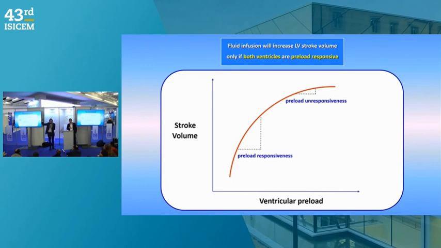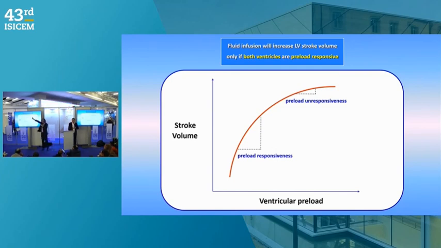And therefore, if you have an increase in the filling pressures, you have a risk for the left ventricle of pulmonary edema, and for the right ventricle, an increase in the CVP and all the pressures in the veins, with a risk of venous congestion, edema of the tissues or the organs, etc., upstream. So this is a risk.